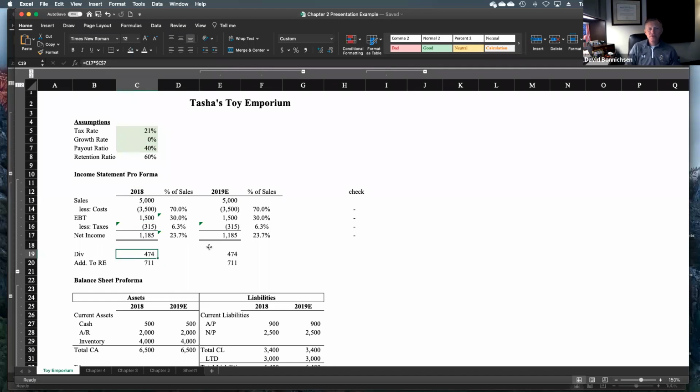Therefore, 40% of 1185, they paid $474 to shareholders, which left $711 of the net income to be added to retained earnings for 2018. Everybody crystal on that?